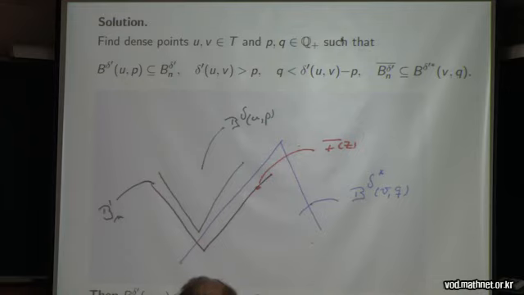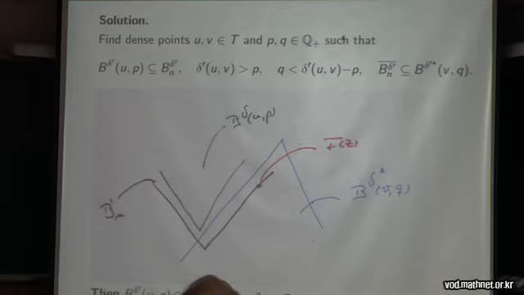Then we search for a smaller basic open set with respect to delta, and one with respect to delta star. Now the one is upwards closed and the other is downwards closed, and they have to be disjoint.